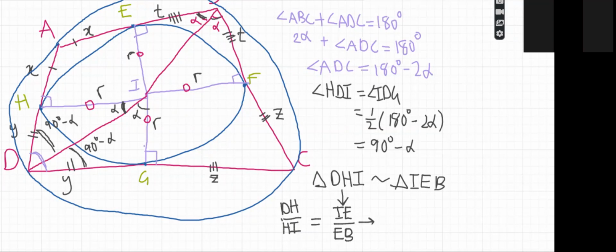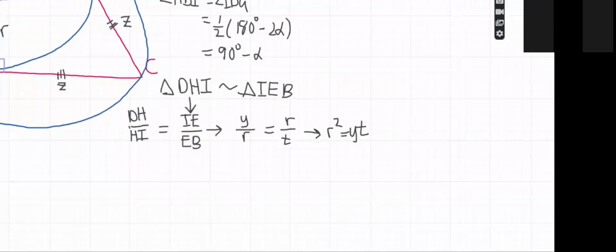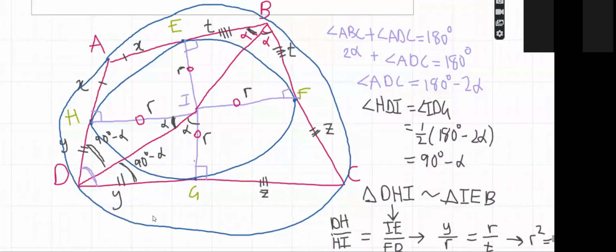And from here, we get Y divided by R is equal to R divided by T. And now we have R squared is equal to YT. And therefore, R is equal to the square root of YT. So the radius is equal to the square root of YT.